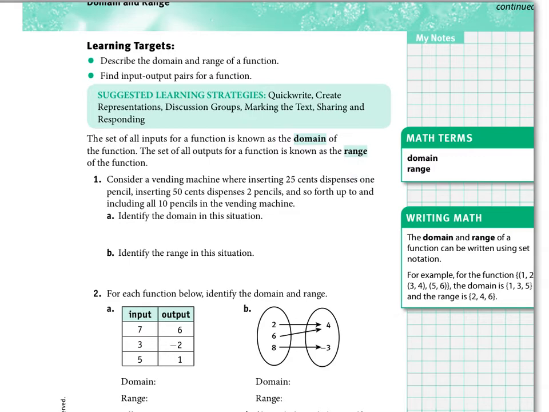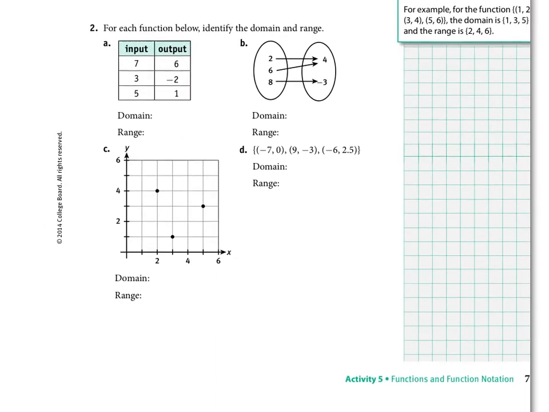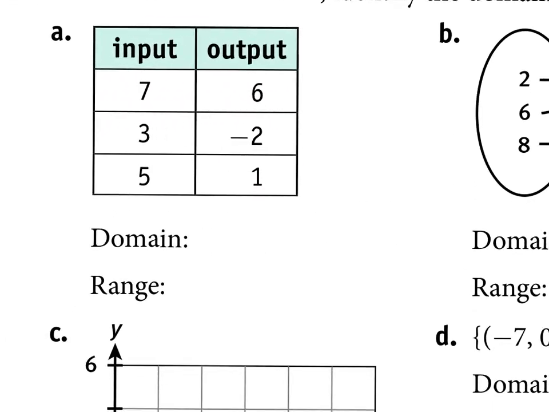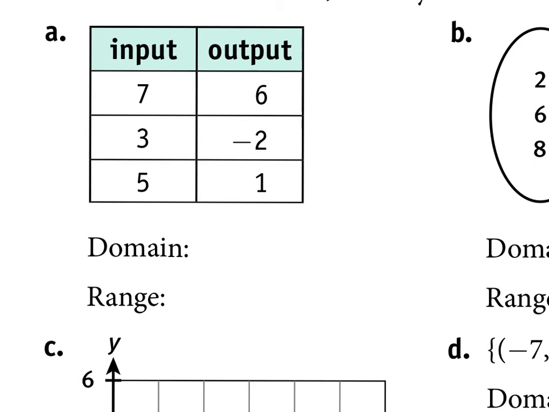So we're going to start on number 2. It says, for each function below, identify the domain and the range. So I'm going to zoom in here to each one, and then we'll move around. If we look at this letter A here, remember, all inputs are domain, all outputs are range.